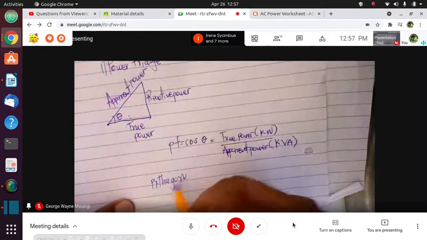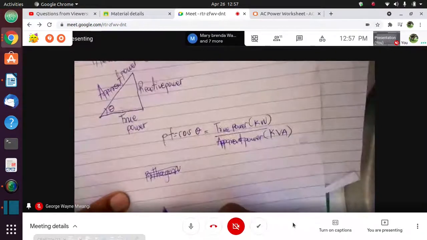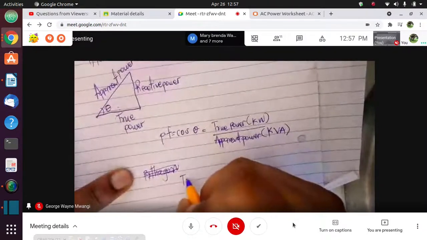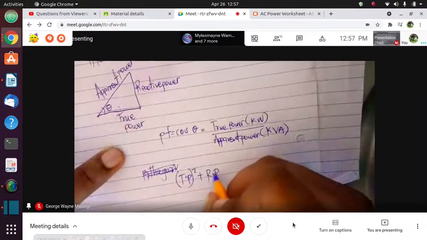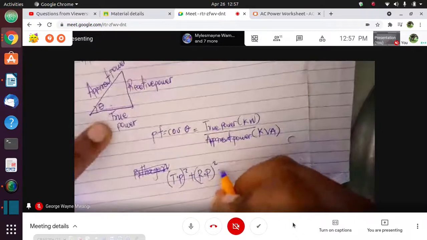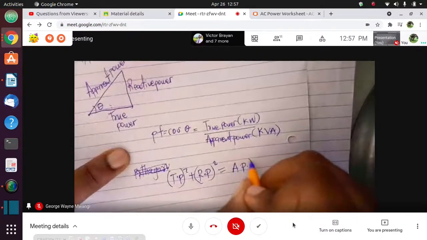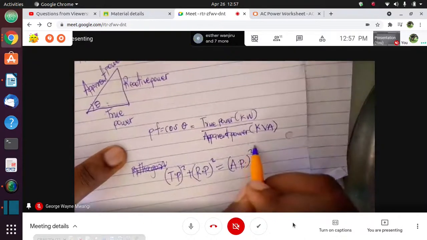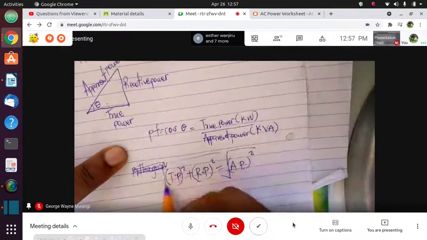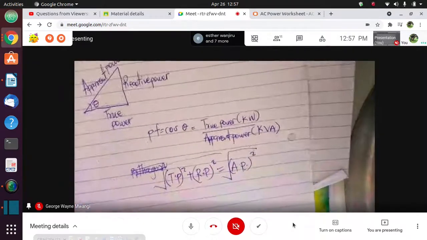True power squared plus reactive power squared is equals to apparent power squared. Now, how will you find apparent power? You will take the square root of that, si ndio? Mpaka hapo tuko sawa?